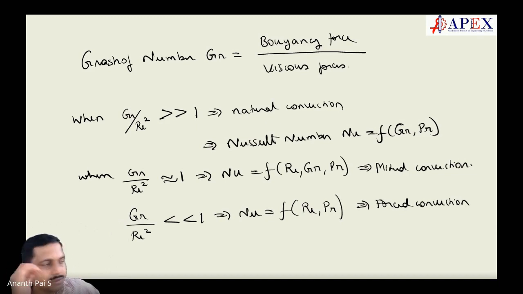CFD is very much used in designing heat exchangers and any heat-related application. There cannot be any designing without CFD nowadays, and if you want to know CFD, you have to know the basics first.